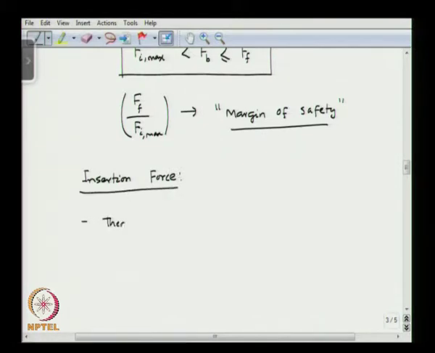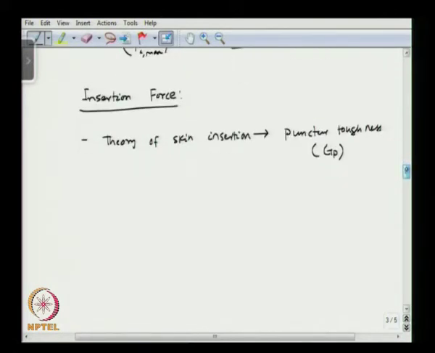The theory of skin insertion is based on the puncture toughness. The puncture toughness of the skin is expressed as the symbol Gp.